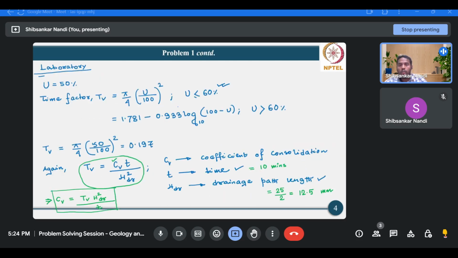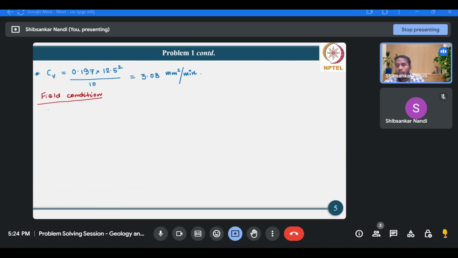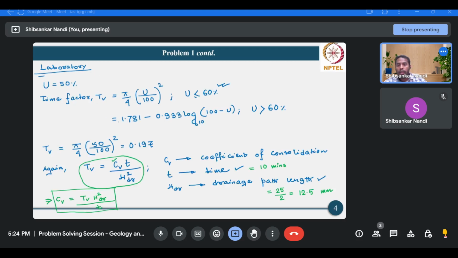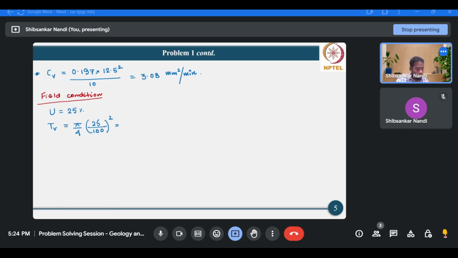So therefore TV will change depending on the degree of consolidation. So here your U percentage is 25. So therefore your TV will be pi by 4 times 25 by 100 squared. Again, your U percentage is less than 60, therefore we'll use the first equation only.